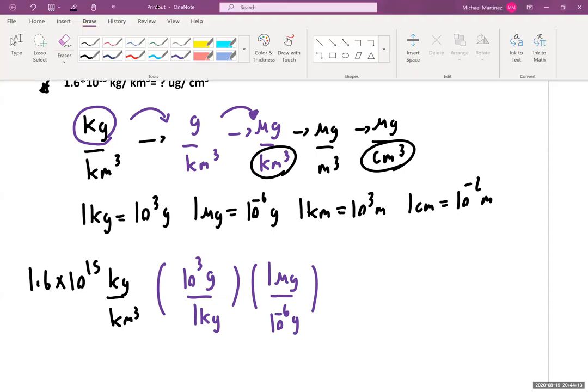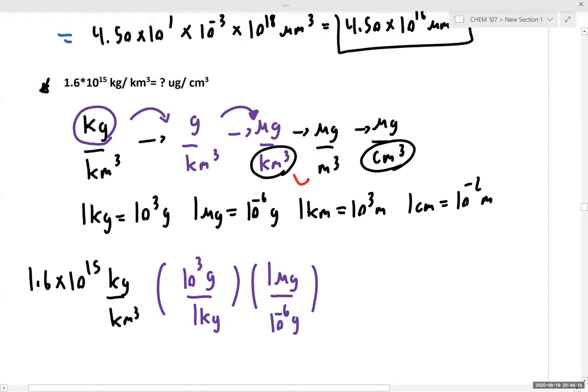Now, continuing on from there, we're going from kilometer cubed to meter cubed. So what units do I need to have on the bottom? Meters, yep, exactly right. And I need kilometers on top. So we have 1 kilometer for every 10 to the 3rd meter.